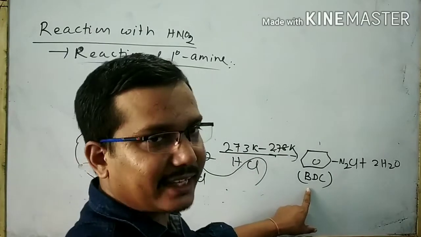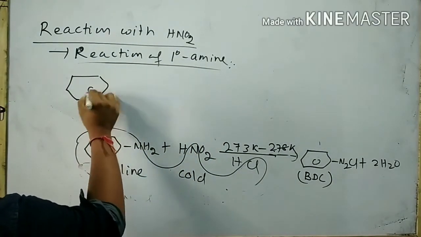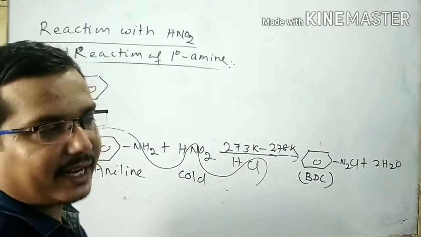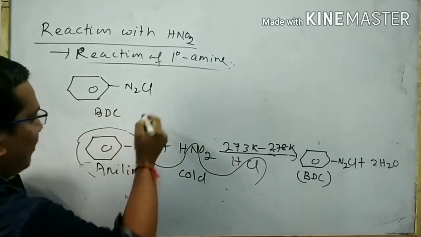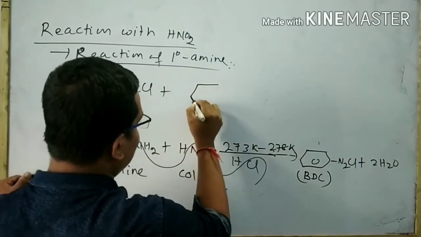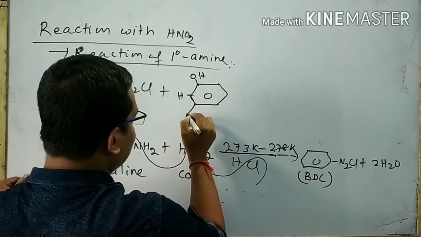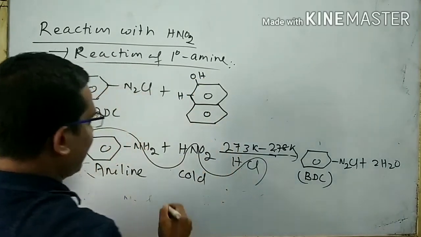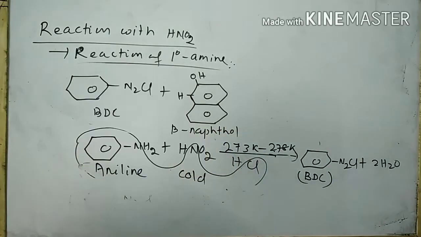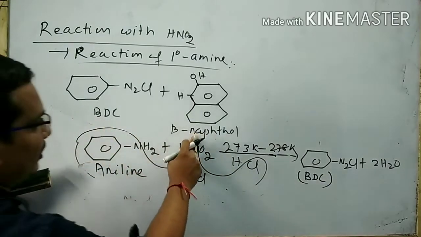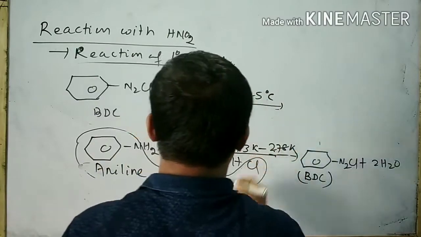When this aryl diazonium salt is treated with beta naphthol, then an orange red dye is formed. This is your BDC. When it is subjected to reaction with beta naphthol, this is the structure of beta naphthol. When BDC is subjected to reaction with beta naphthol at 0 to 5 degrees centigrade, then what will happen?